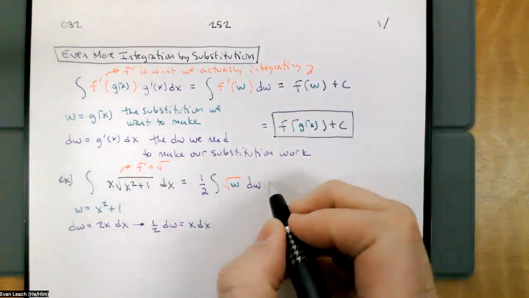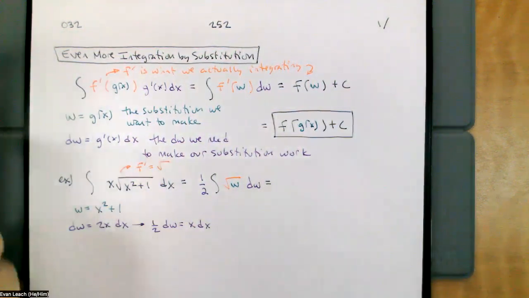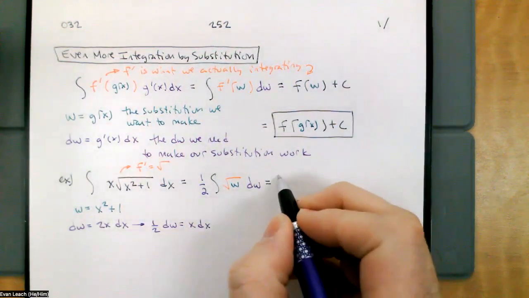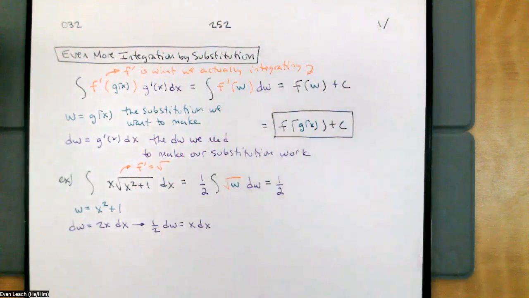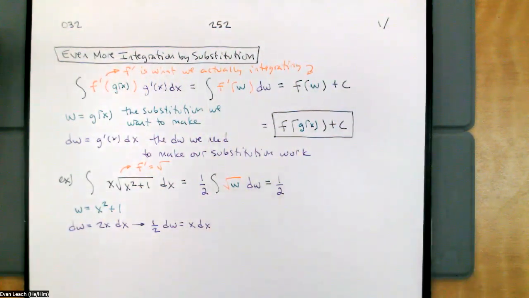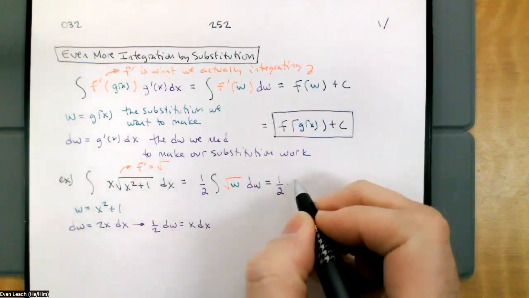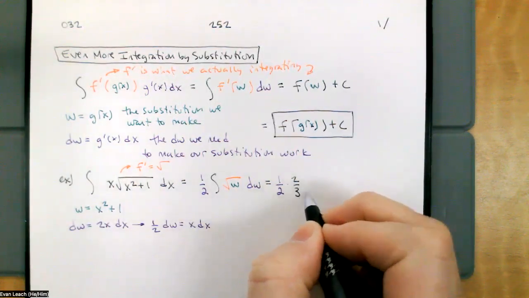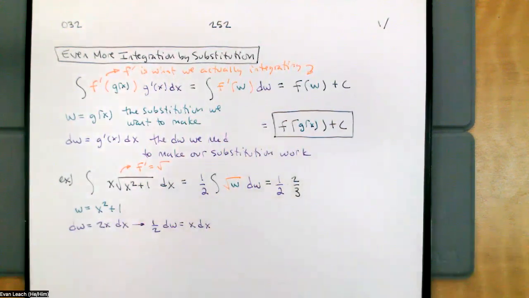So I still have this 1/2 from my dw. Integrating the square root function will be a 2/3 w to the 3/2.